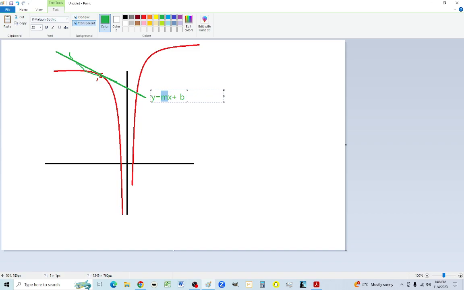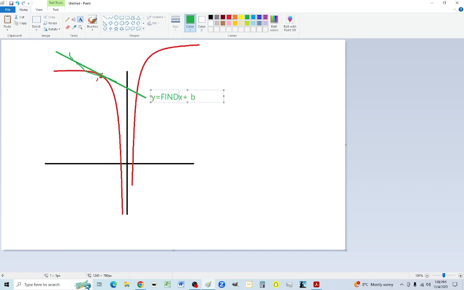Now, fortunately, M is determined when you find the actual instantaneous rate of change, because that's actually the slope of that line. So when you find the instantaneous rate of change, you find that one. But to determine B is very difficult. Fortunately, you have an X and a Y value in the very point that you are examining in the first place.